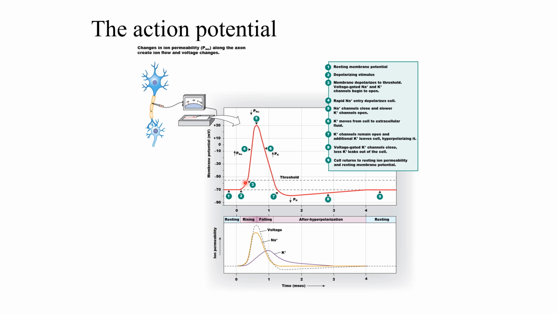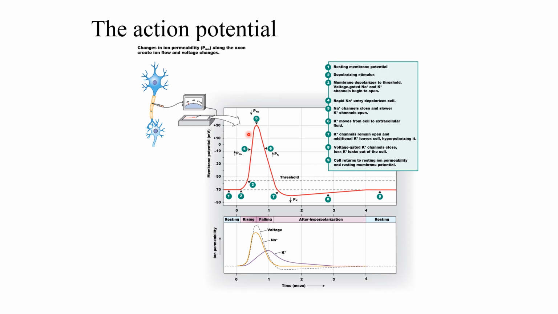We must reach the negative 55 millivolts. So right here, this part is showing you how a graded potential took place and how that graded potential was able to maintain its strength and hit that negative 55 millivolts. Once a graded potential hits negative 55 millivolts, an action potential is going to be triggered.